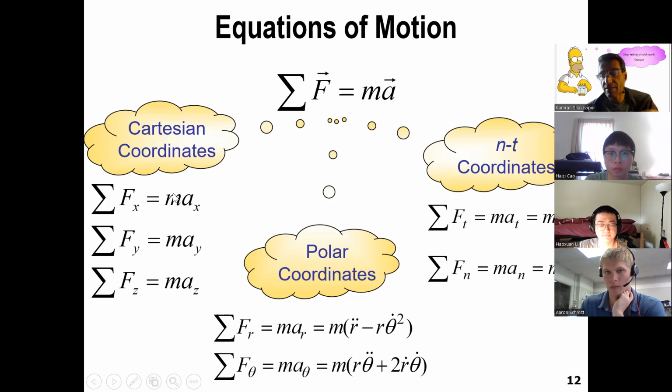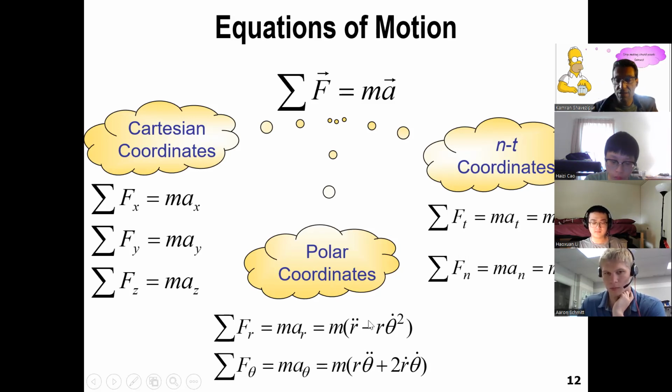We talked about the fact that you can separate the motion into 3 kind of independent categories of X and Y and Z. If you use normal tangential, the tangential acceleration is still V dot, and the normal acceleration is still V squared over rho, because it's the same motion, right? We just deal with what causes the motion, which are these forces. And if you use polar coordinate system, you're going to have R acceleration, AR, and theta acceleration, A theta. So these are the same things we had in kinematics, nothing new here.